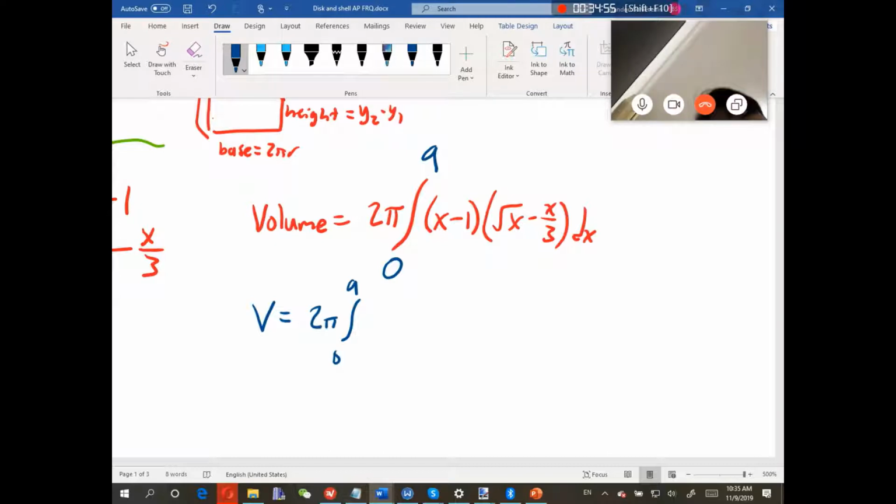So what happens if I multiply x minus 1 times root x minus x over 3? Okay, I'm going to multiply them.